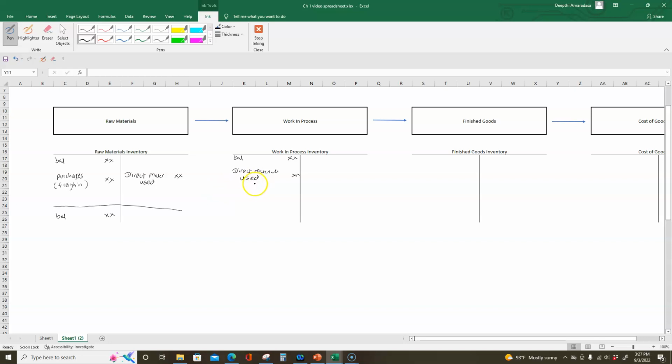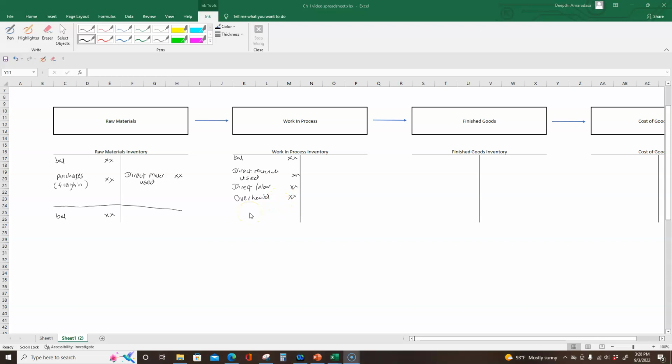To that, we add direct labor costs, which also increases work in process inventory, and then factory overhead. So I'm just going to say overhead here. Overhead also increases work in process inventory.